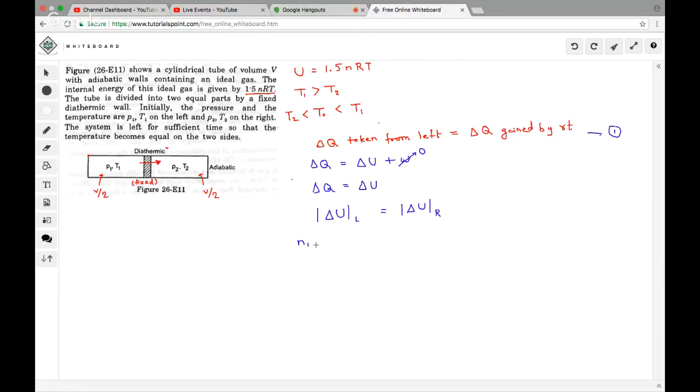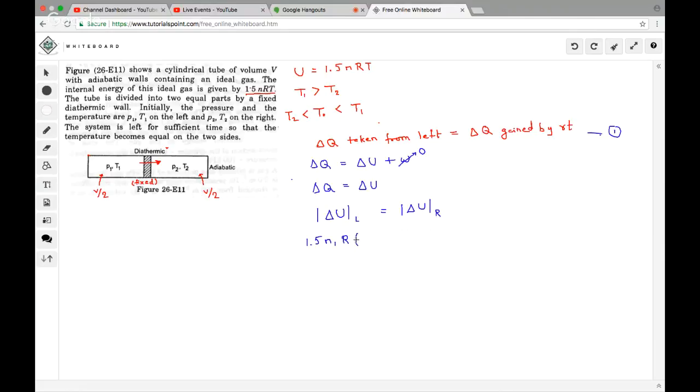Number of moles in the left part, times... for internal energy, there is a direct formula given. So I can say that it is 1.5 times the number of moles on the left part, times R, multiplied by the change in temperature.